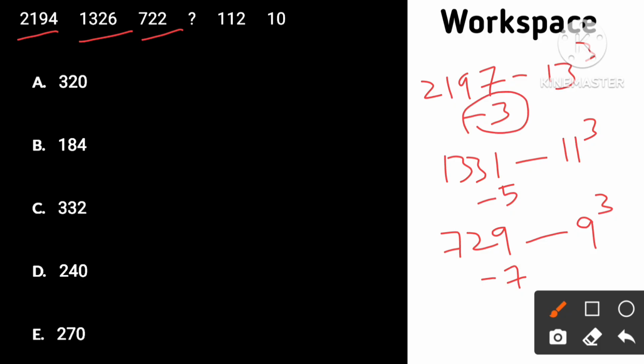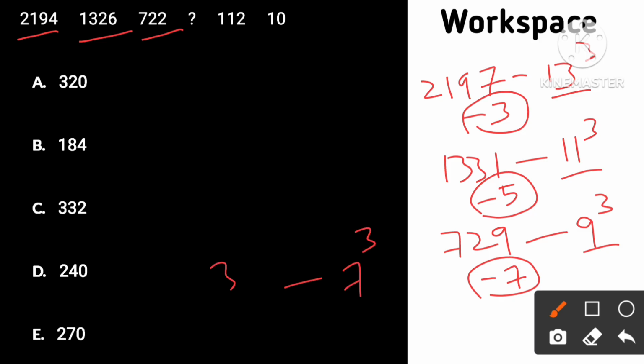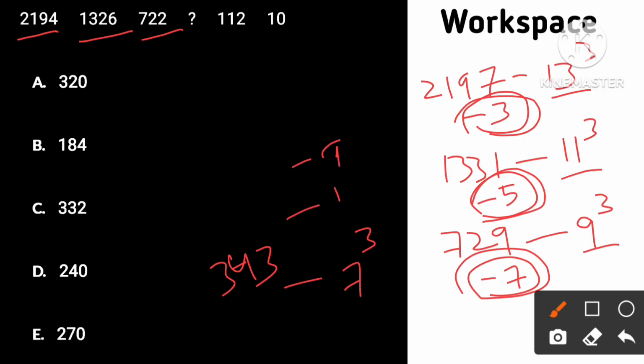So minus 3, minus 5, minus 7. Here cube values of odd numbers. So the next cube must be 7 cube. 7 cube value which will be 343, and here 357. So the next number must be either minus 9 or minus 11. If we subtract 9 from 343, we get the value of 334.